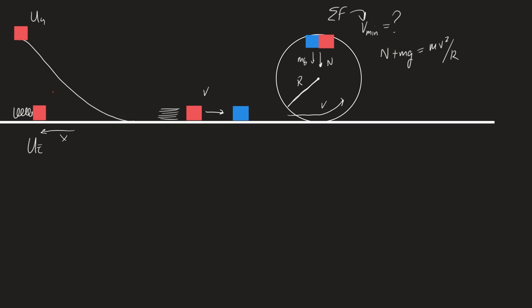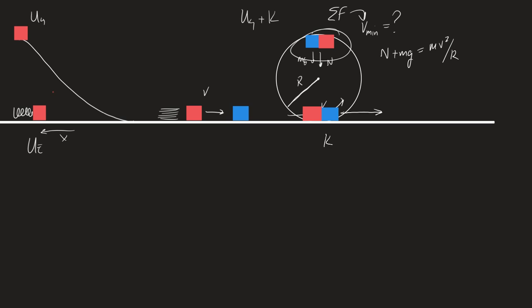Back up one step. When the boxes are here, they have gravitational potential energy and kinetic energy. But when the boxes are here, they're at the reference level. And because they're at the reference level, they only have kinetic energy. That's a conservation of energy problem.